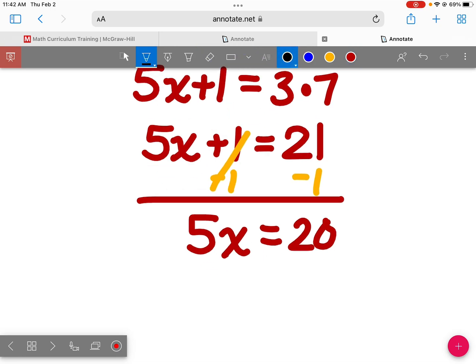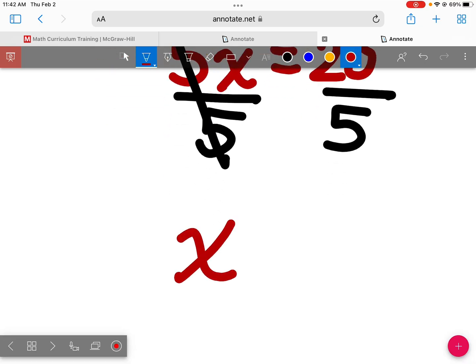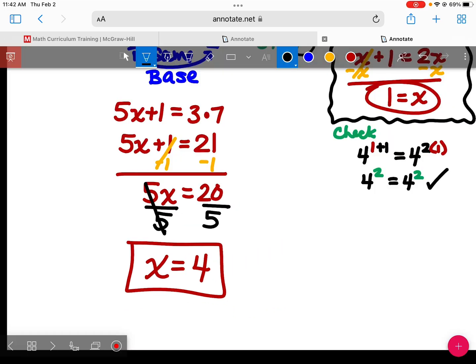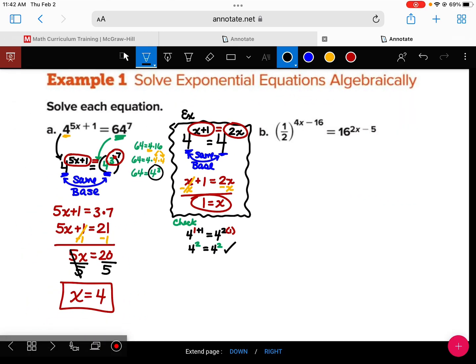Divide both sides by 5, and so x is what? x is 4. Love it. Do my bases match here? No.